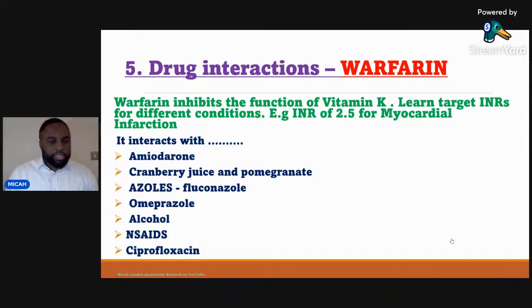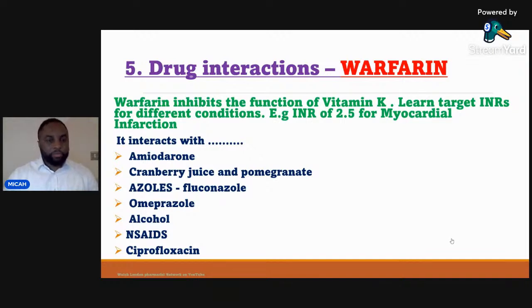So in both cases, whether it's oral or topical, we need to avoid selling those drugs to patients who are taking warfarin, even the topical ones, because topical application can cause systemic drug interactions as well.